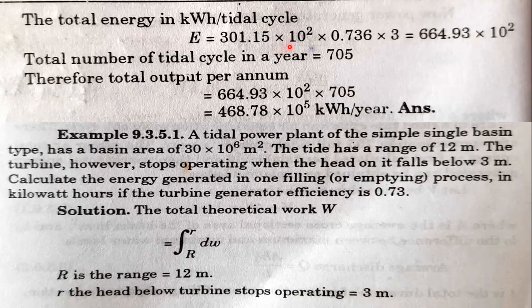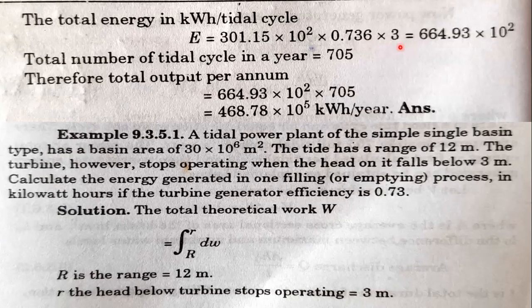Here 0.736 is for converting HP into kilowatts. If you convert the HP value into kilowatts, you will get the energy. So for converting HP into kilowatts, we have to multiply by 0.736. So this is the formula in HP; for converting into kilowatts, we multiply by 0.736.